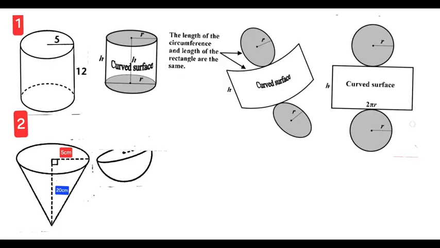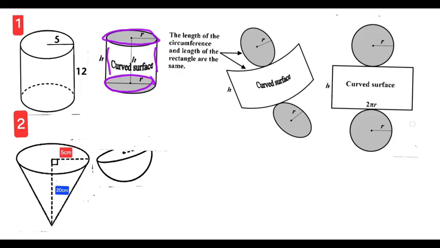So we need to find the volume and surface area of the cylinder. Now look here, this is the cylinder we have. The top is a circle, the bottom is also a circle, and in the middle is one curved surface, that is the lateral surface area.